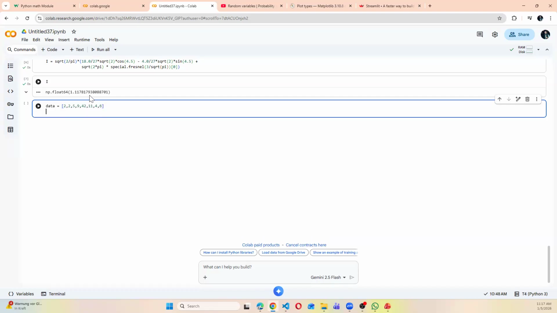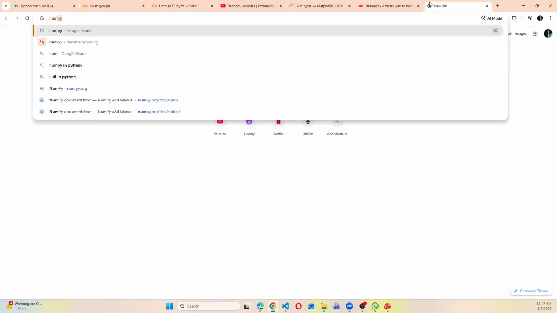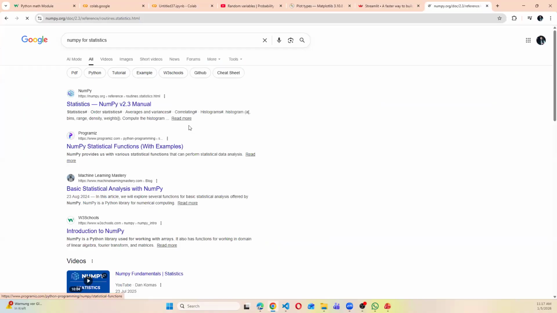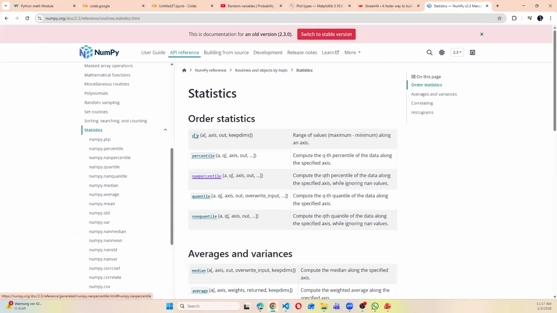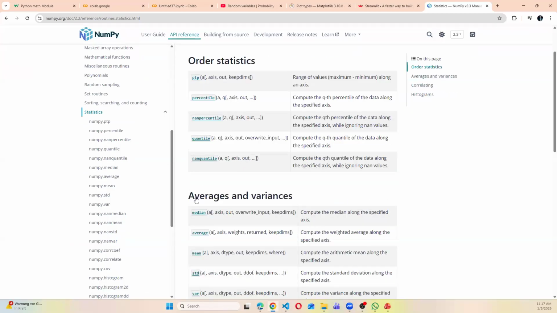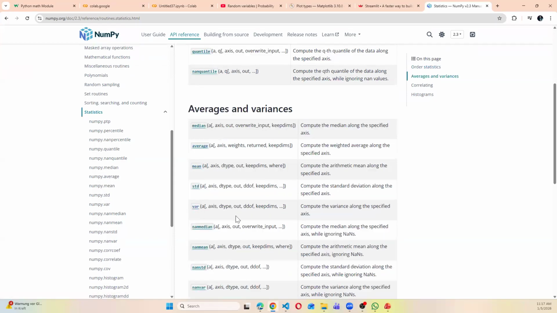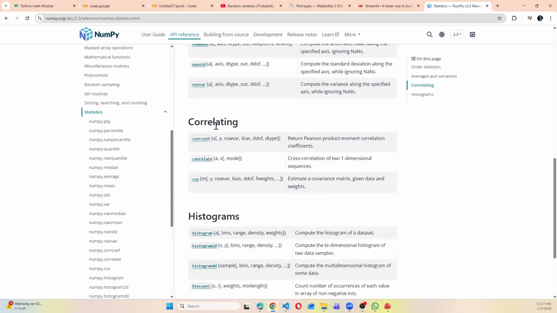I will run this, and then I should import a library, which is NumPy. If I say NumPy for statistics, I can find many operations of statistics here: percentile, quartile, median, average, mean, standard deviation, variance, everything through this library. So I will write import numpy as np as my shortcut.